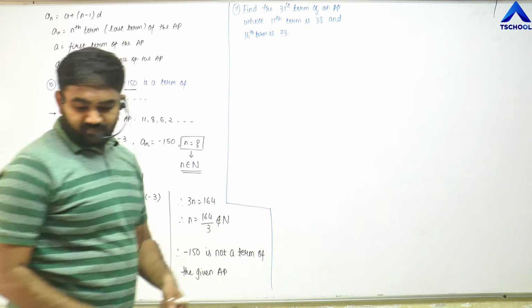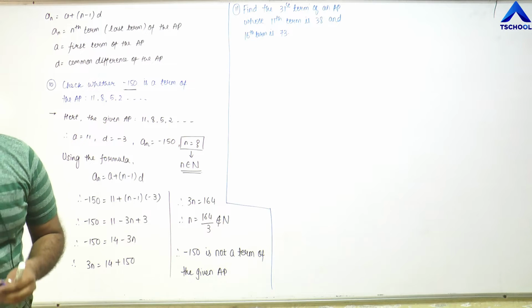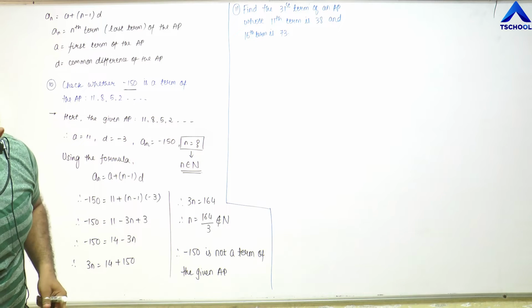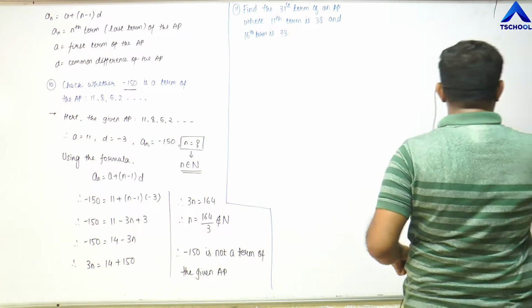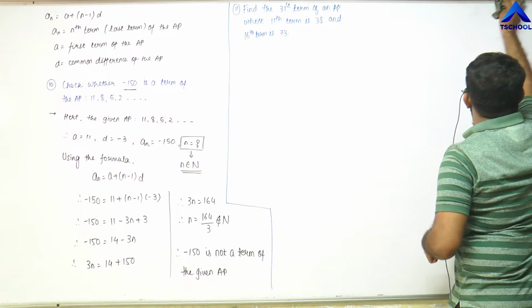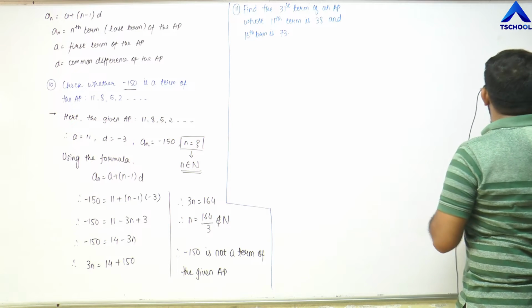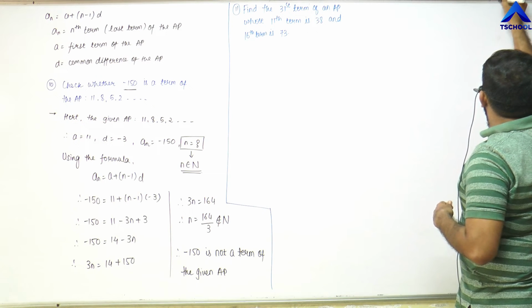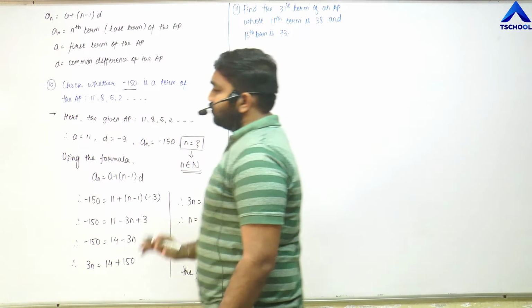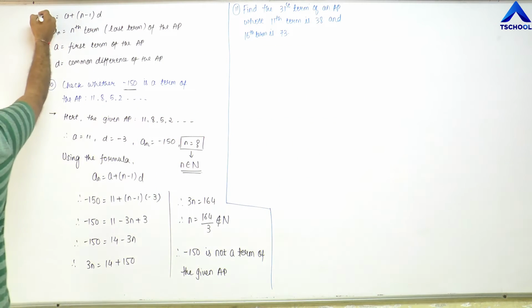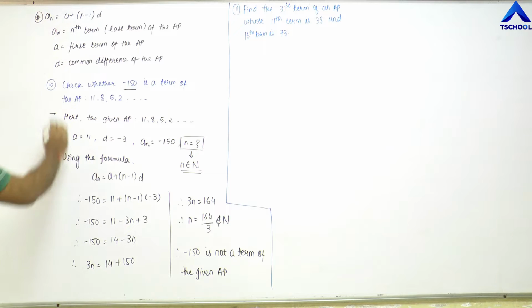So we need to find out the 31st term of the AP. Friends, we don't need to find the arithmetic progression here. We just need the 31st term, and that can be obtained by using the same formula that we wrote in the first place.